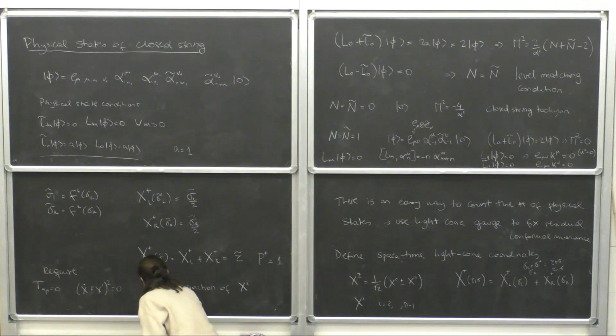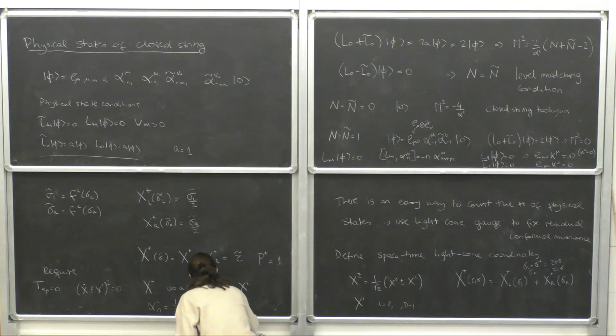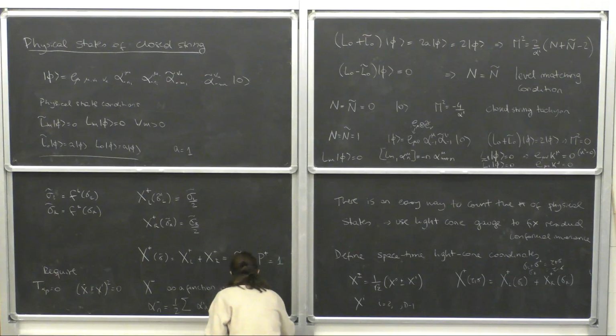So what you get is that alpha minus n is 1/2 ... This is not very important, but alpha I n minus m, alpha I m minus a delta n 0.